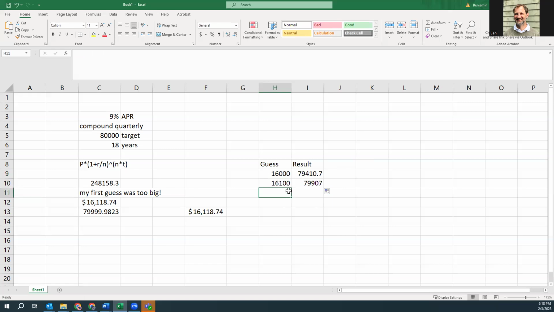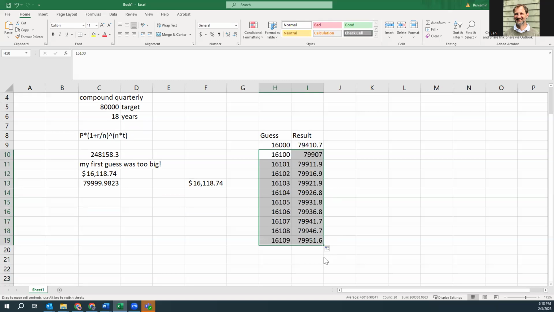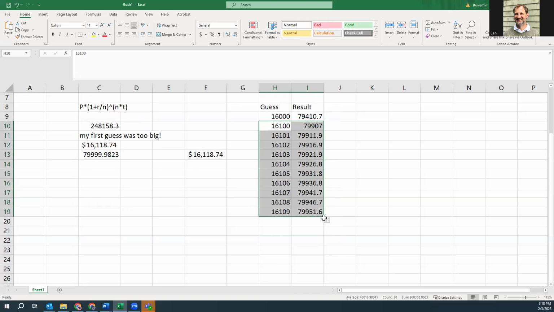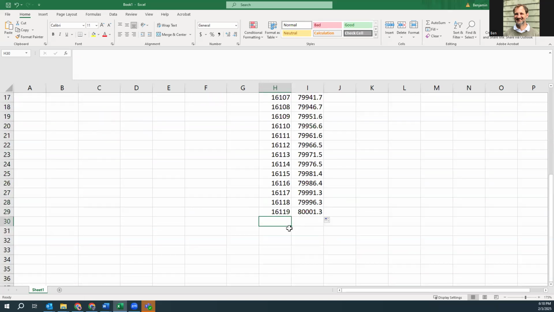With even actually just autofilling from here, I think it's going to count by ones. So then I'm like, oh, okay, I'm getting closer here, getting closer, getting closer. Yep. And then you can see I cross over in here, and now I can go more specific. Okay, what about 16,118.5? And then Excel starts autofilling for me because it knows you want something in that column too.